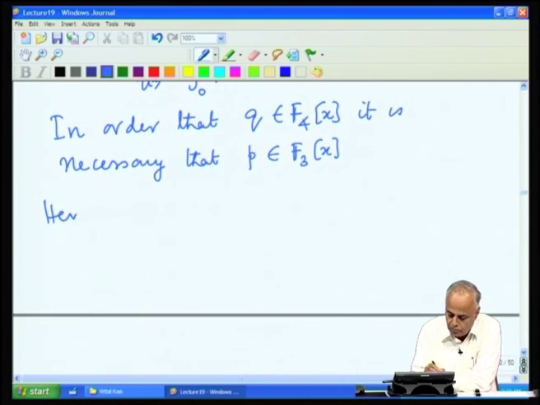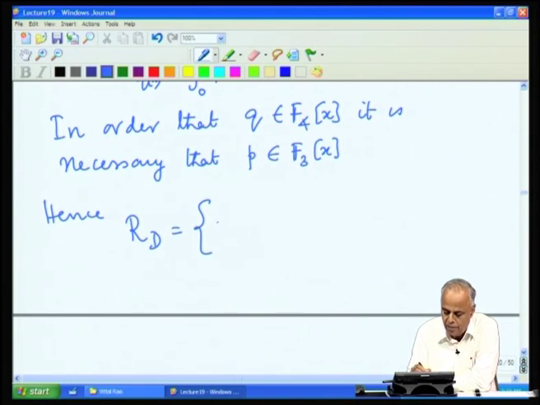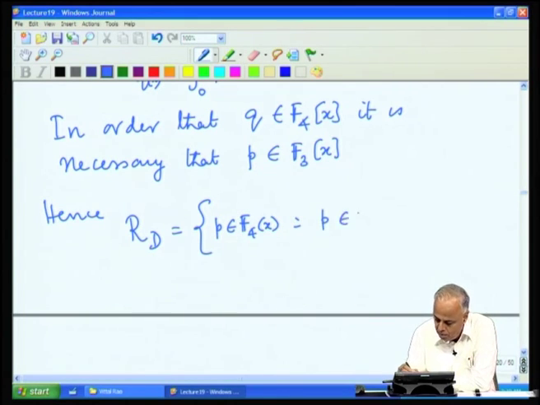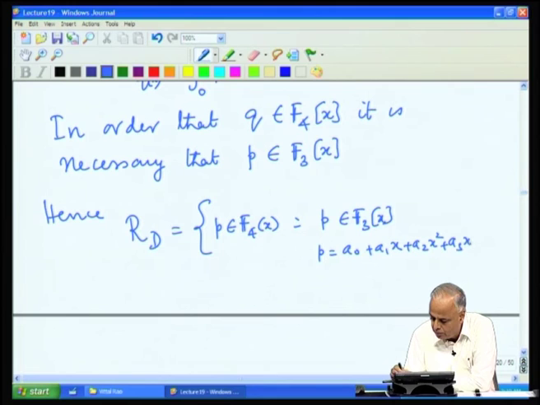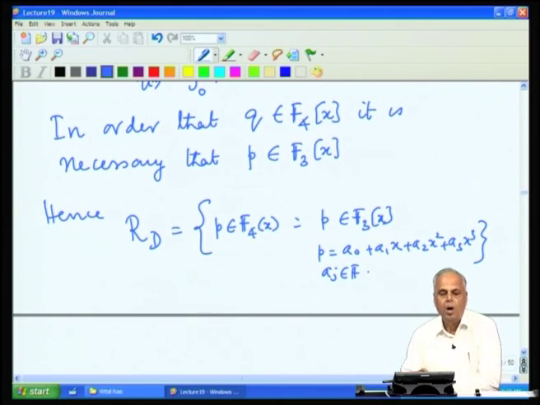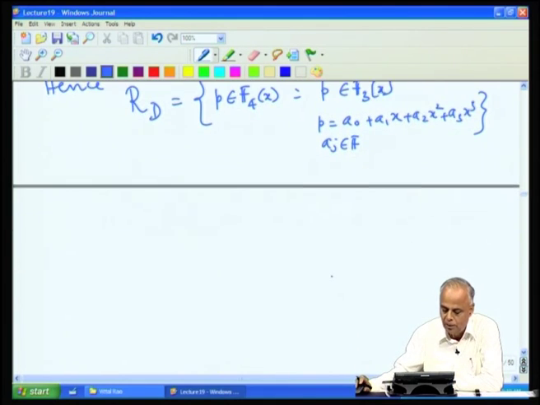Hence, the range of D is the set of all polynomials in F4[x] such that p belongs to only F3[x]. They are of the form p = a0 + a1 x + a2 x squared + a3 x cube, where all the aj's are in F. So, R(D) consists of all polynomials of degree less than or equal to 3.